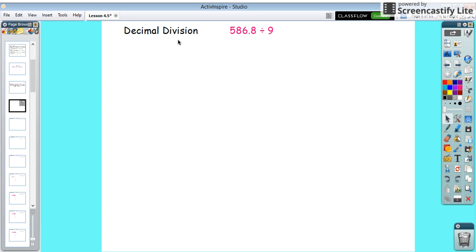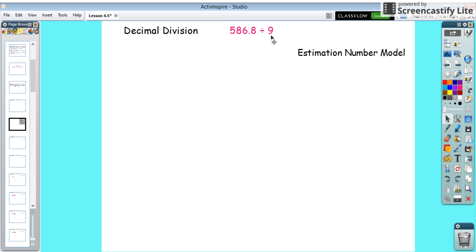So our first example is 586 and 8/10 divided by 9. First, we need to make an estimation number model. So we are going to take these two numbers, 586 and 8/10, and the number 9, and round them to friendly numbers that we can divide easily in our head. So 586 and 8/10 is really close to 600, so I'm going to round this number to 600.